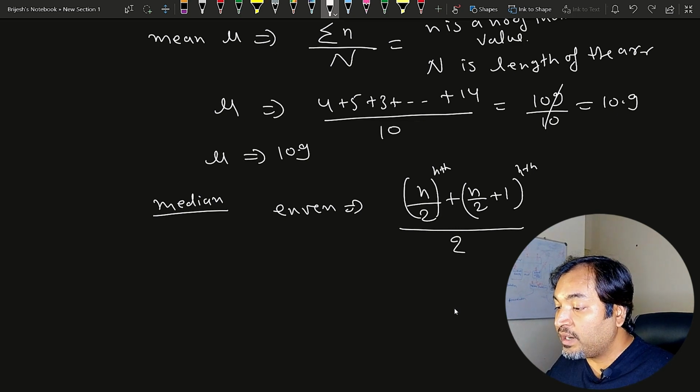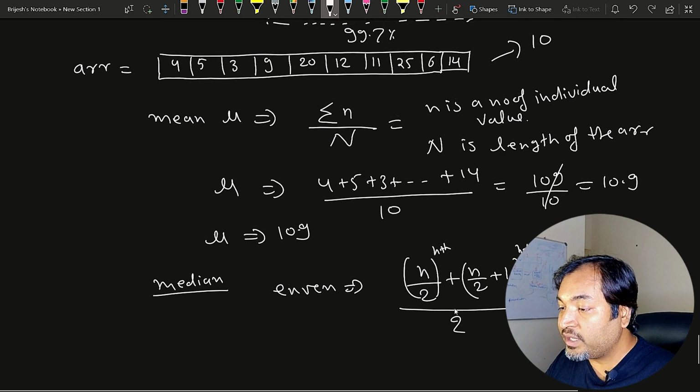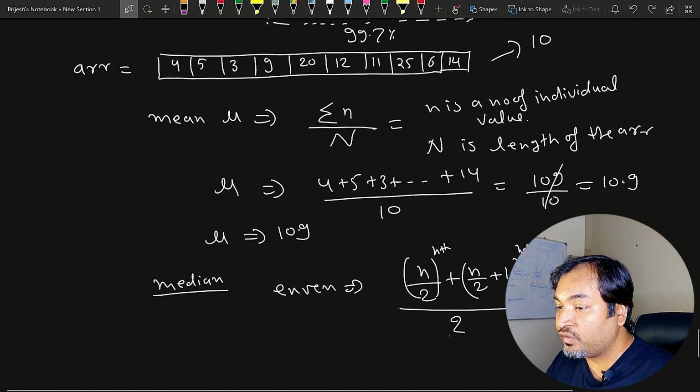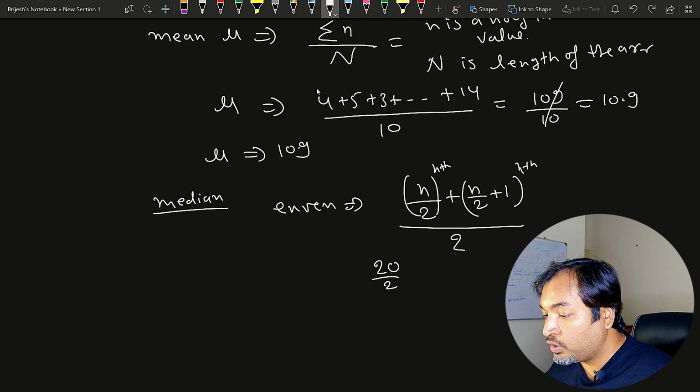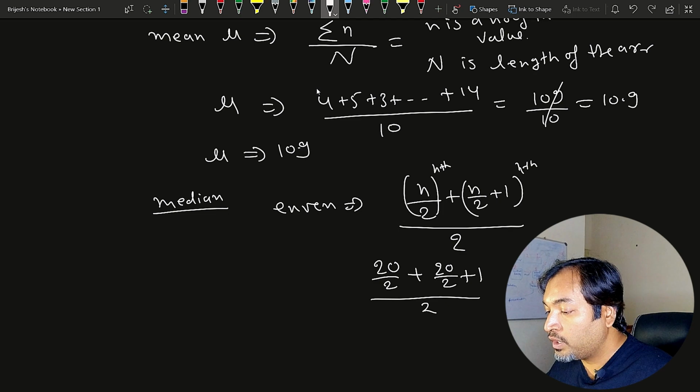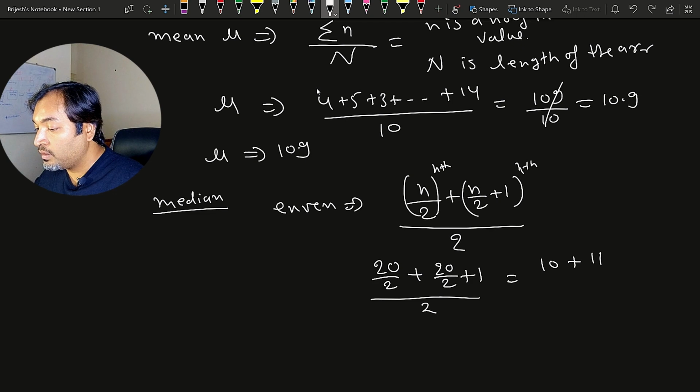We have 10 elements here, so n by 2 is the 5th position, 1 2 3 4 5. So it is 10 by 2 plus 10 by 2 plus 1, divided by 2, so 5 plus 6, giving a median somewhere around 5.5.